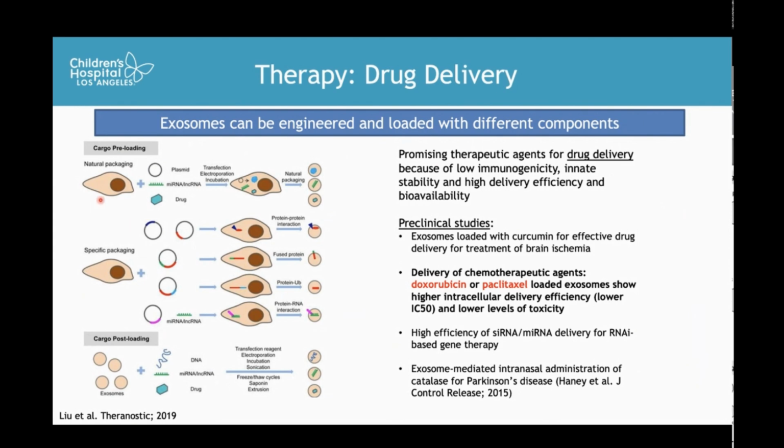So, for example, transfecting cells with plasmid or microRNA or drug that is then naturally packaged inside the EVs, or post-loading, in which an active compound is directly transfected into the EVs by utilizing transfection reagents, by electroporation, incubation, sonication, or other techniques that have been in development.